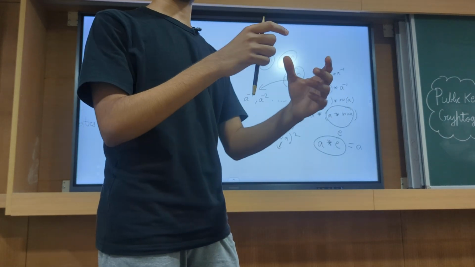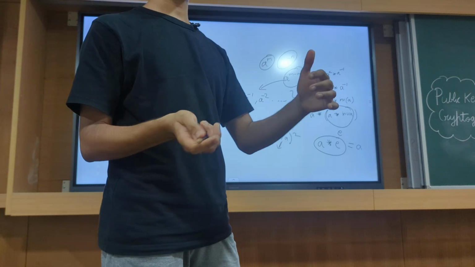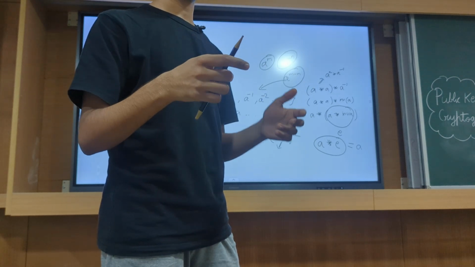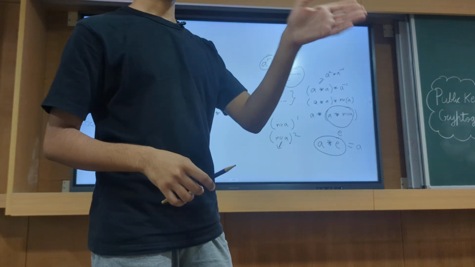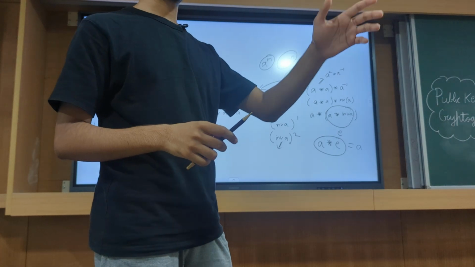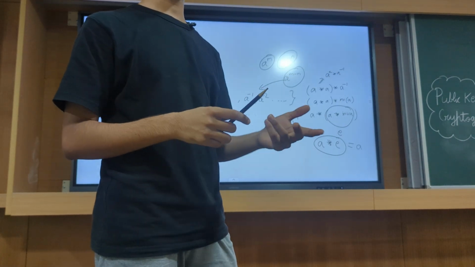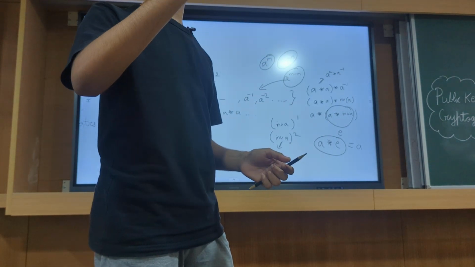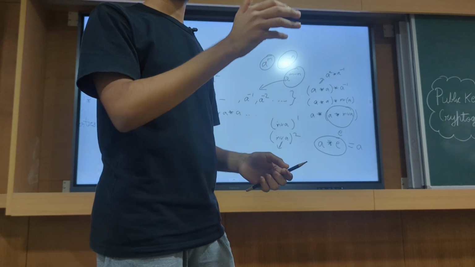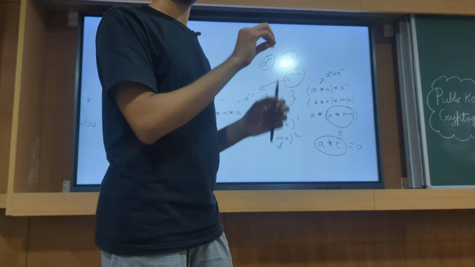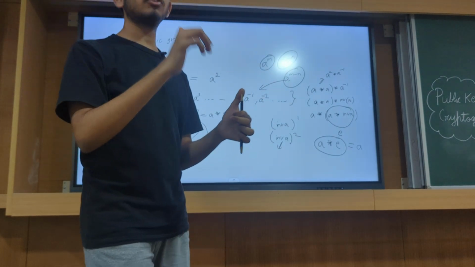One will not be the subgroup of other. So maybe subgroup is generated by A square or A power k. For example, main group is 1, A square, so on, A power minus 1, A power minus 2, so on. The subgroup of that can be 1, A cube, A power 6, so on, A power minus 3, A power minus 6, A power minus 9, so on. All these are subset of original and is also a group.